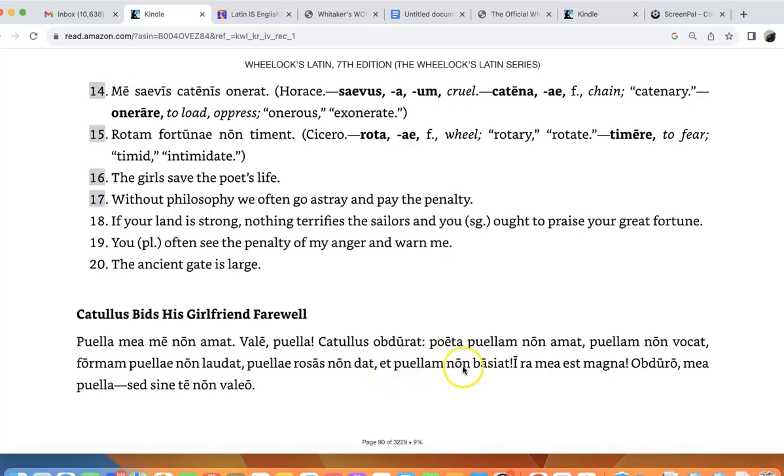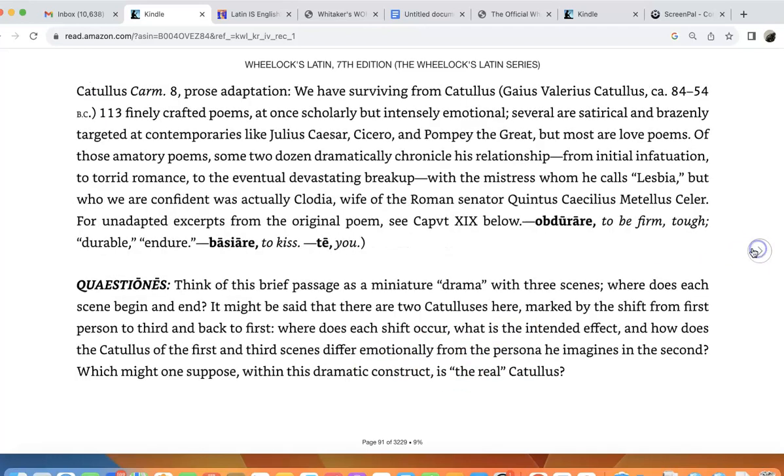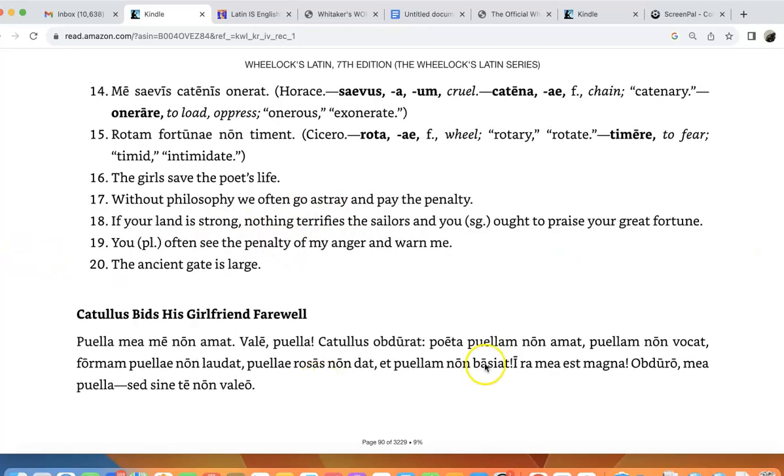Et puellam non basiat, he does not kiss the girl. So we said earlier that the word kiss is right there. How do we know that he's not kissing the girl? Because the girl is puellam, or the direct object. And then the spacing is a little wonky here because this is a Kindle version. But my anger is great.